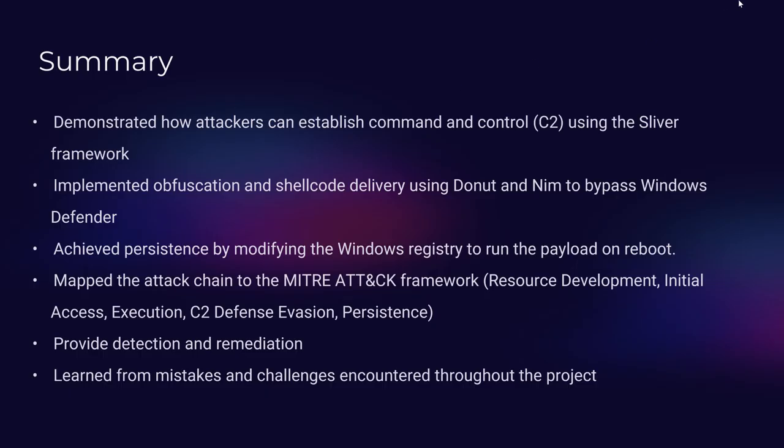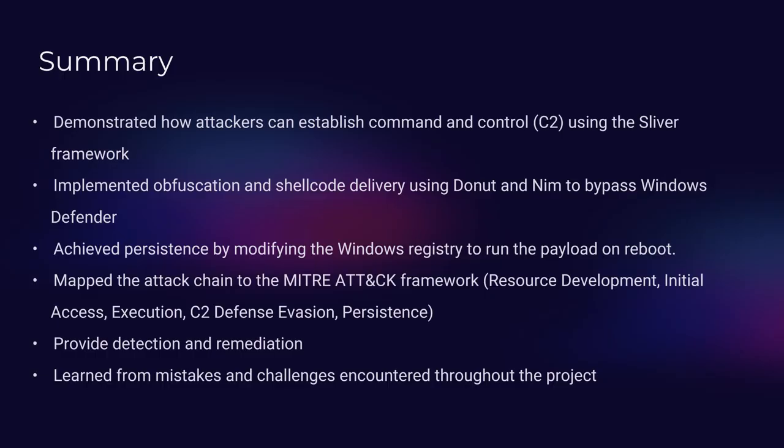This project demonstrates a realistic adversary emulation scenario using the Sliver C2 framework. We were able to see how an attacker can establish command and control, obfuscate the malicious payload by using tools like Donut and Nim to bypass Windows Defender. Once gaining access to the target host, we established persistence by modifying the Windows registry to run the malicious executable upon startup.